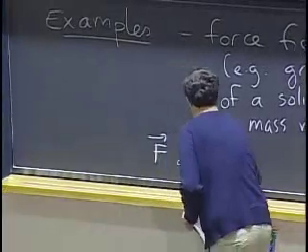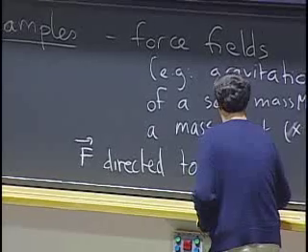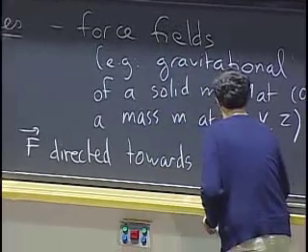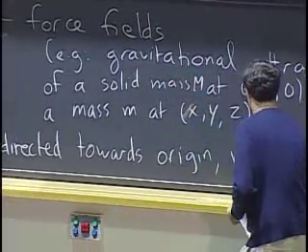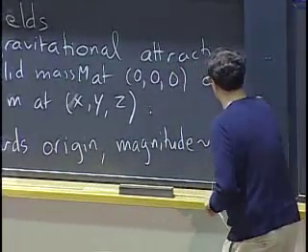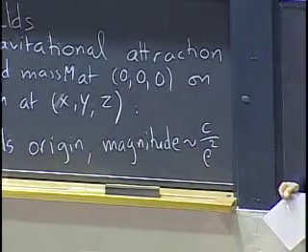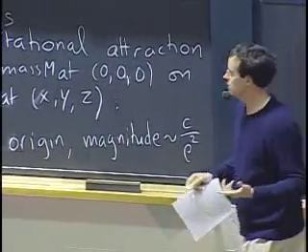Its magnitude would be of the order of a constant over rho squared, where rho is the distance from the origin.